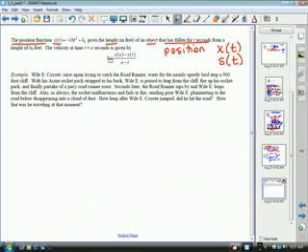The idea here is we have not thrown the object up, and we haven't thrown the object down. It has just been dropped. Its initial velocity is 0 is what I'm getting at. We haven't thrown it upward, we haven't thrown it downward.